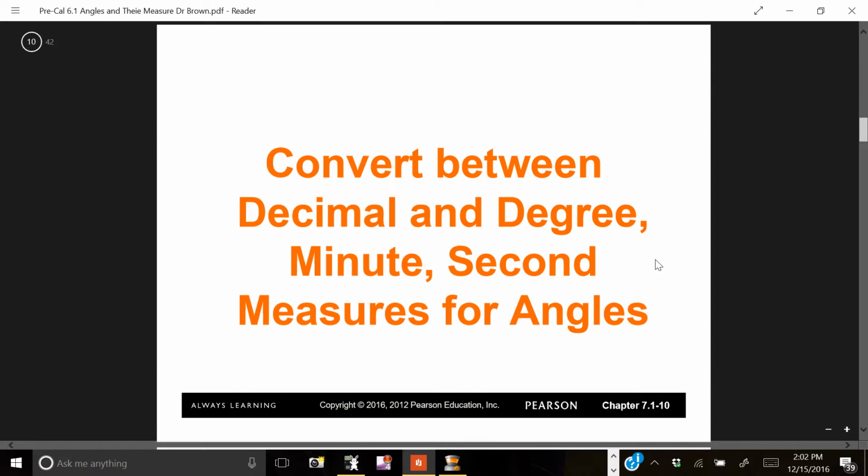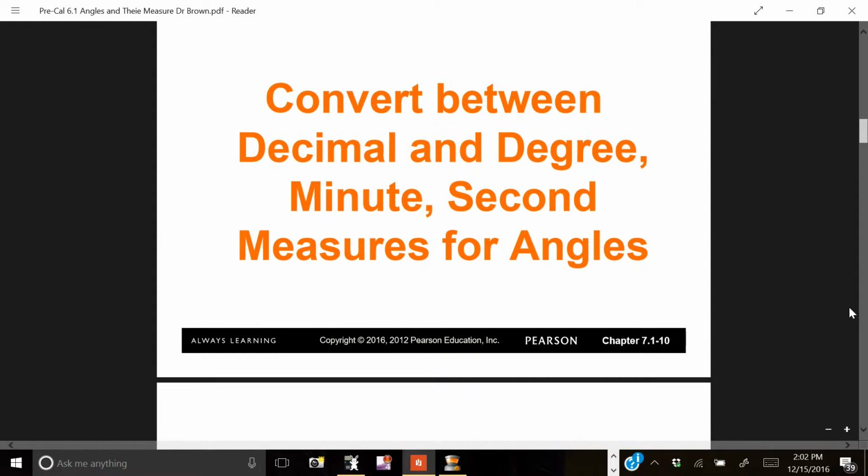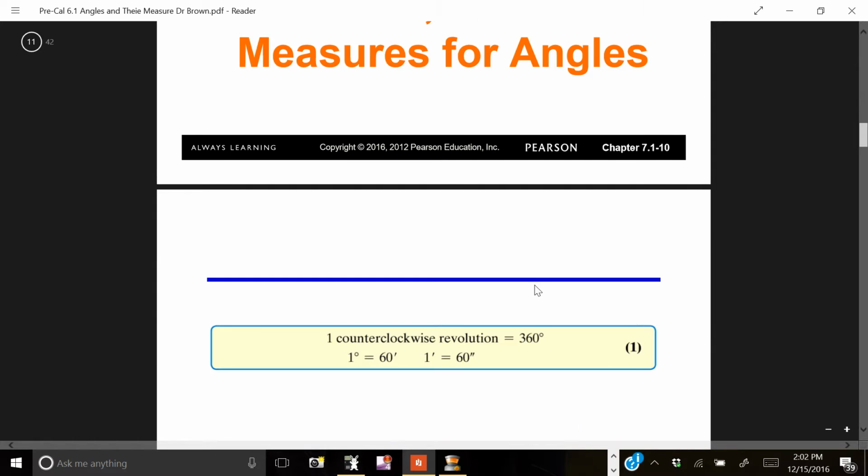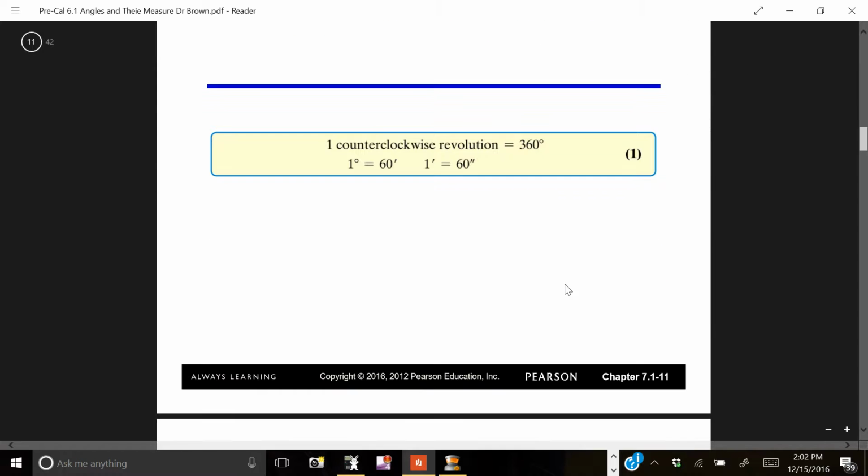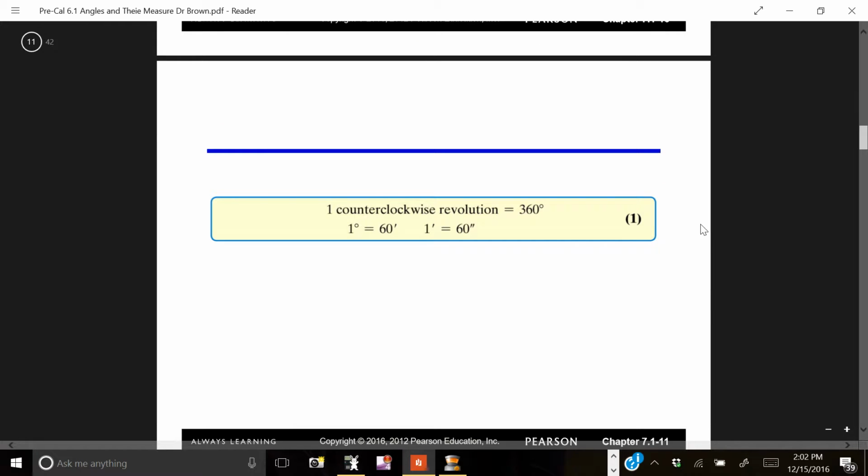Now, we're going to learn how to convert between a decimal and degrees, minutes, seconds, as measured for various angles. Here's the definition: 1 counterclockwise rotation equals 360 degrees.